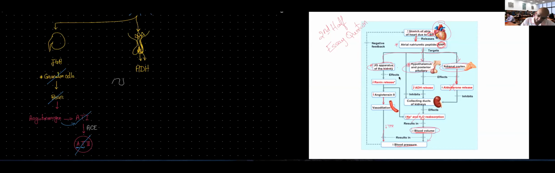Remember, ADH did do what? It retains the water that is about to get released out in the urine from the collecting ducts. So remember, ADH acts on the collecting ducts by stimulating those tubular cells to form aquaporin channels.